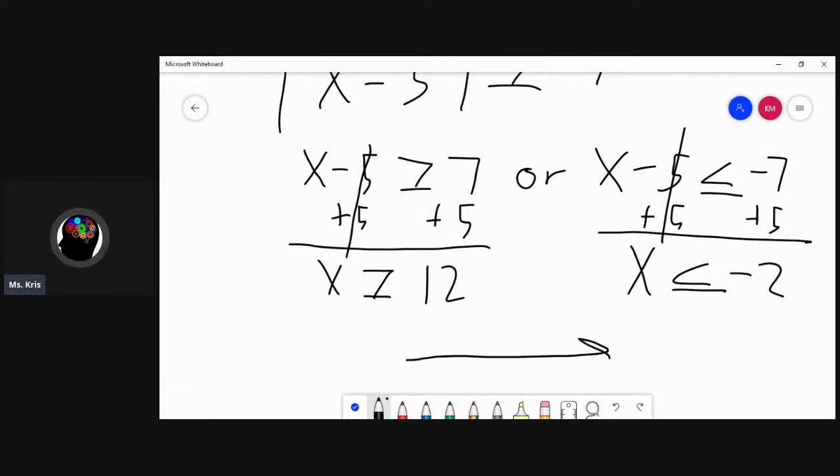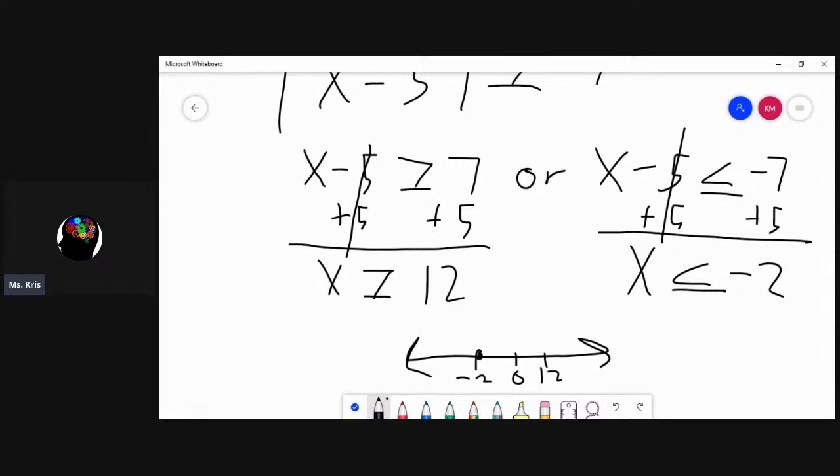So draw my number line. And of course, yesterday I told you you can do a negative 2, 0, and 12, or you can just do negative 2 and 12, whichever you prefer. Usually if you have a negative number and a positive number, you always want to at least put the 0, so that way you can distinguish the left side from the right side. Just a preference. So now, less than or equal to negative 2.